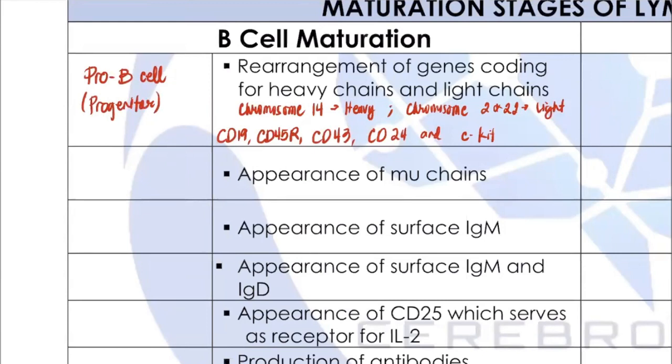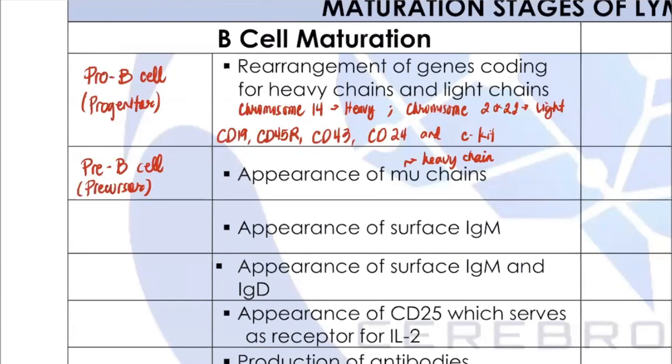Next step is yung ating pre-B cell, of course, no? The pre-B cell. Pre naman means precursor. Okay, precursor B cell. And this is characterized by appearance of mu chains. So yung mu chain, this is a heavy chain, no? So nagkakaroon na ng appearance ng mu chain. And it is but proper na yung pinakaunang immunoglobulin that is found on the surface of a developing B cell is IgM.